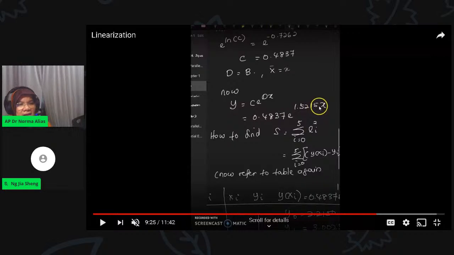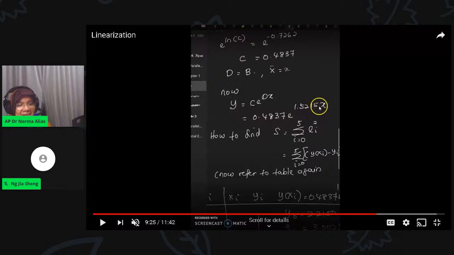Transform the nonlinear y equal to c exponent dx to the linear form. Second, use the data given and use the matrix of the linear least square method to find the summation xi, summation yi, summation xi squared, summation xiyi, because we want to find the values A and B of the linear form.